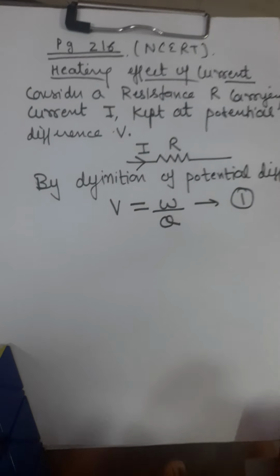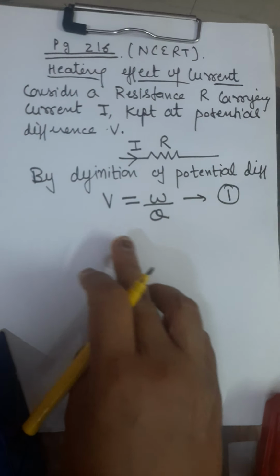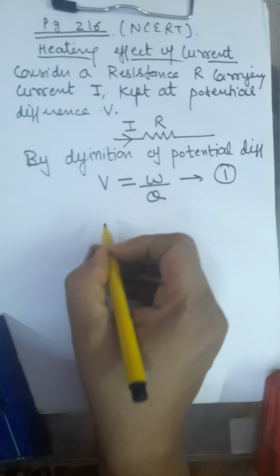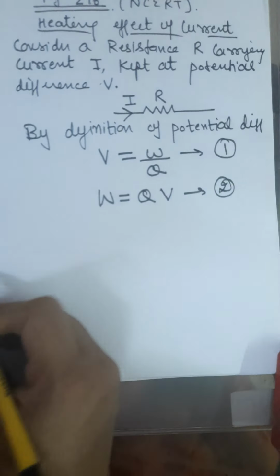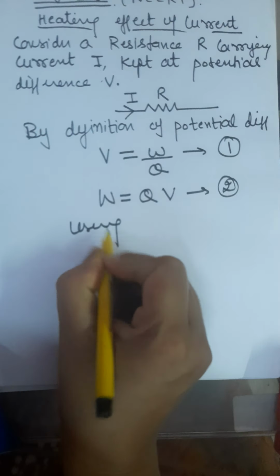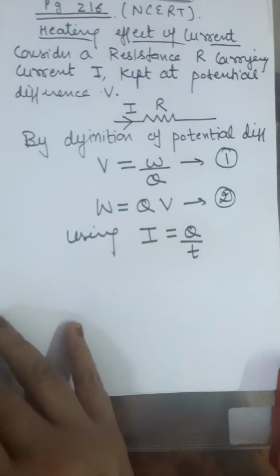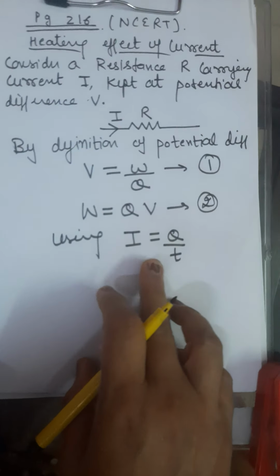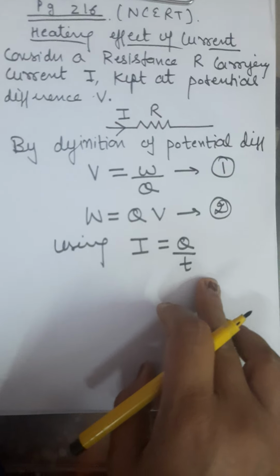I hope you remember this expression, children. We have done this in the beginning of the same chapter. So from here I can write work done is QV. I make it 2. Using I is equal to Q by T, I hope you remember the definition of current. Current can be expressed as Q by T. Right, children?